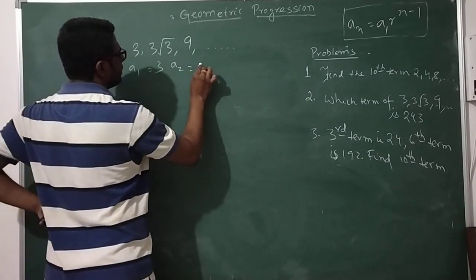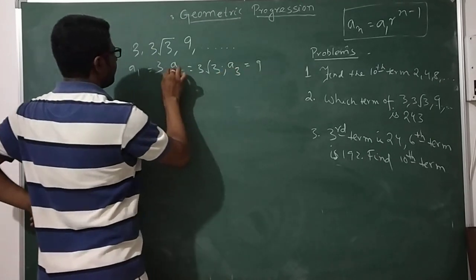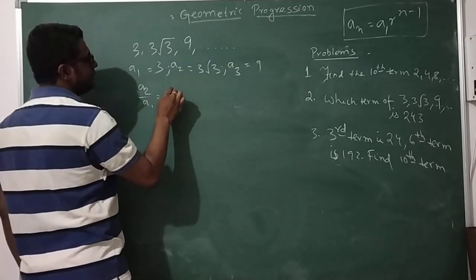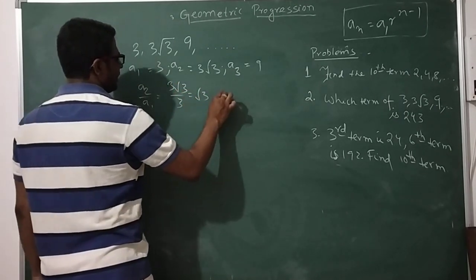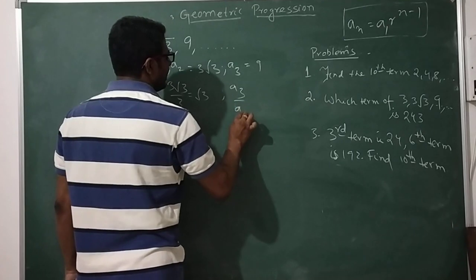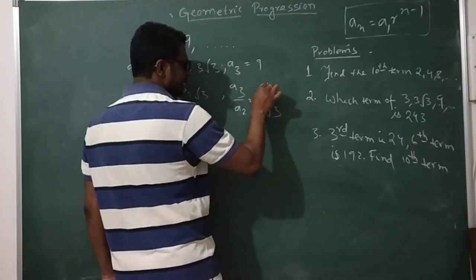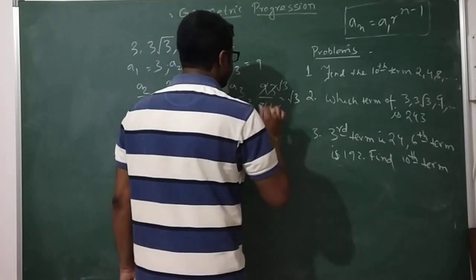A1 is 3, A2 is 3 root 3, A3 is 9. A2 by A1 is 3 root 3 by 3, which is root 3. Next A3 by A2 is 9 by 3 root 3, which is again root 3.